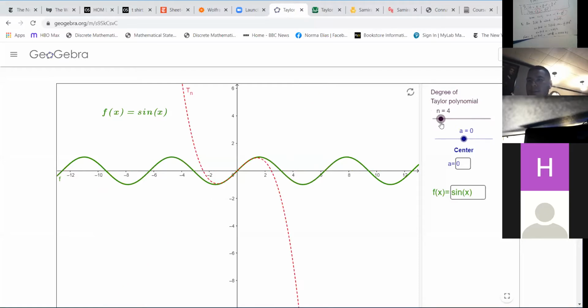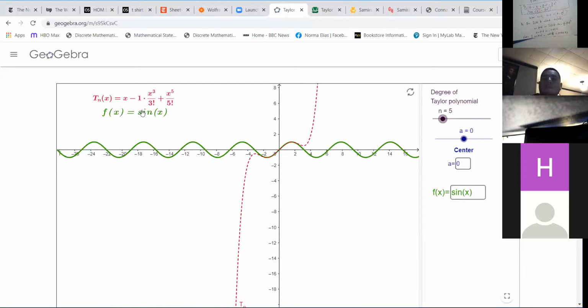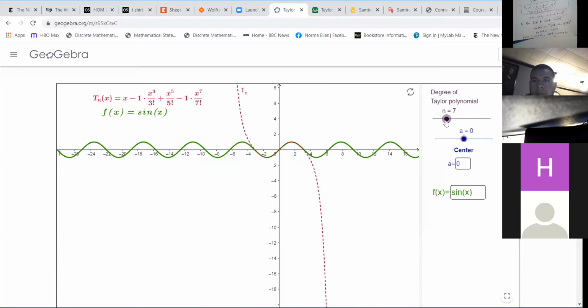If I take the fifth degree, that's what's happening. Do you guys see it? Actually, this graph gives you the formula, but I don't care. If I take 7, so I add more terms, that's the range. So it's actually even closer. And then I keep adding.